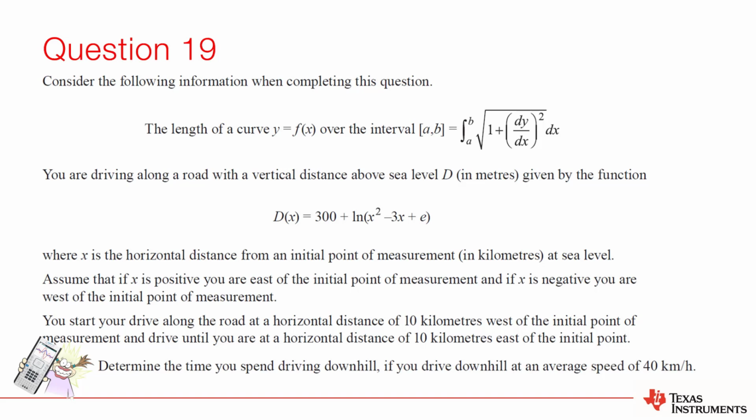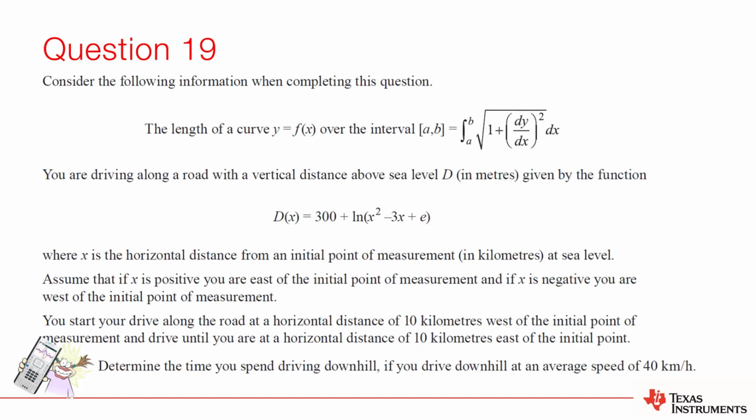So you're starting your drive 10 kilometres west and then you're going 10 kilometres east. Time spent driving downhill we have to find. There's a lot in this question. You really have to read this question and figure out what's going on.